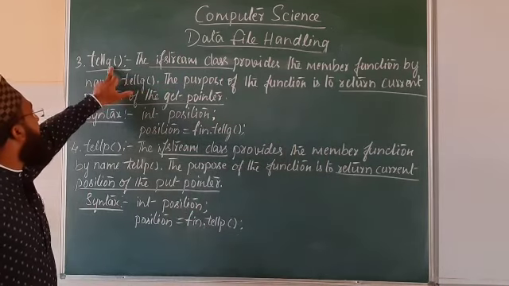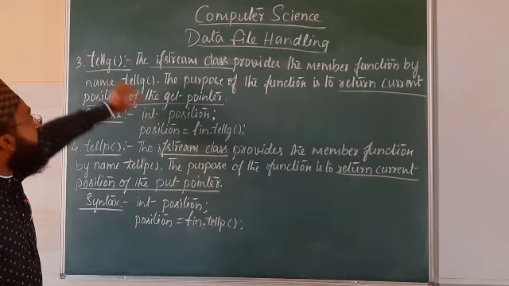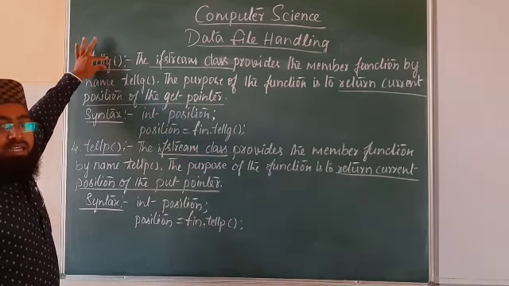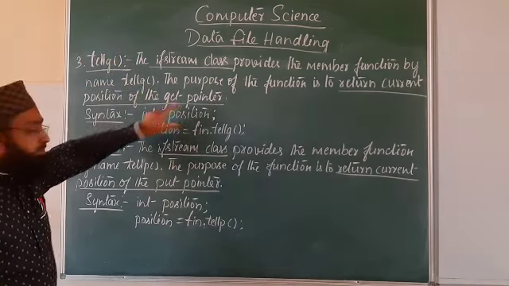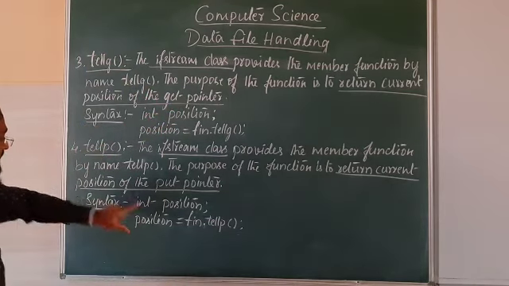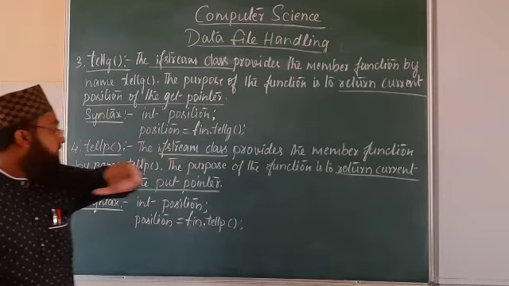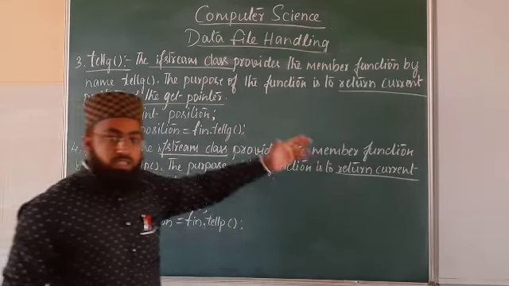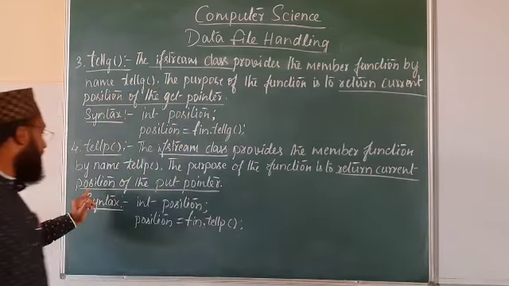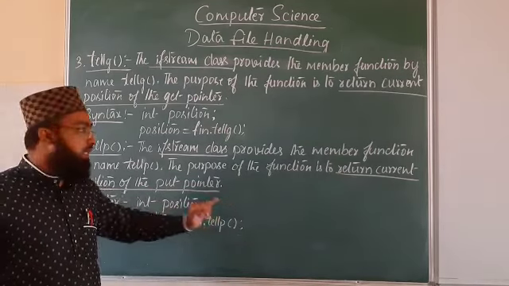Tellg will return the current position of the get pointer. Here g indicates the get pointer, p indicates the put pointer, tellp. The purpose of this function is to return the position of the put pointer.